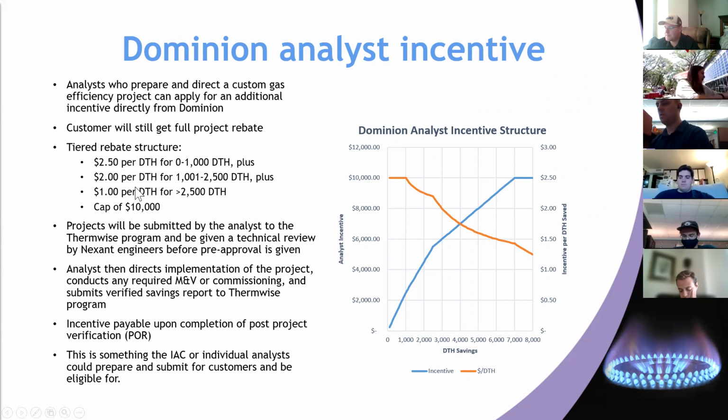If you're doing a custom project, you can get $2.50 per decatherm, and it decreases as the projects get bigger, but this is something that the IAC or individual analysts anywhere could apply for and receive if they do all the work for submitting, verifying, analyzing, and executing a custom gas project.